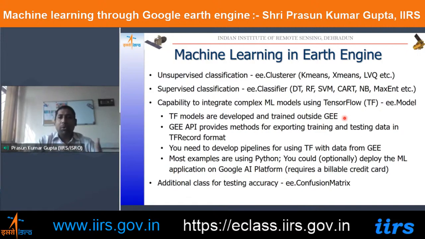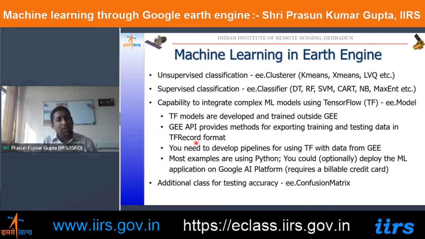It provides methods for exporting training and testing data. So if you want a huge chunk of remote sensing data to be applied to a model, Earth Engine will allow you to package the data into something called TF records, or TensorFlow record format, which can be directly read into TensorFlow.